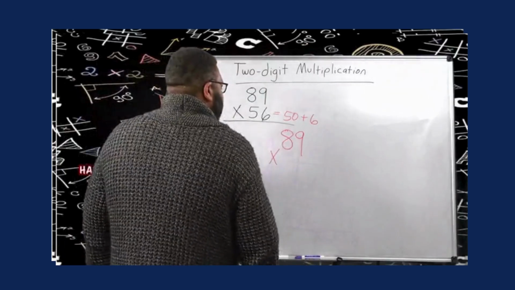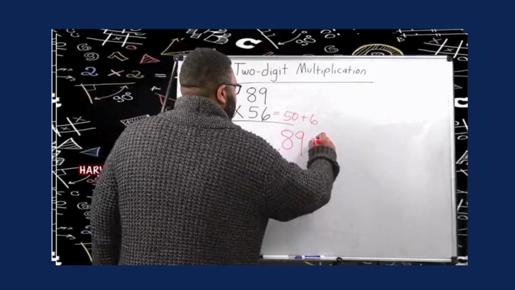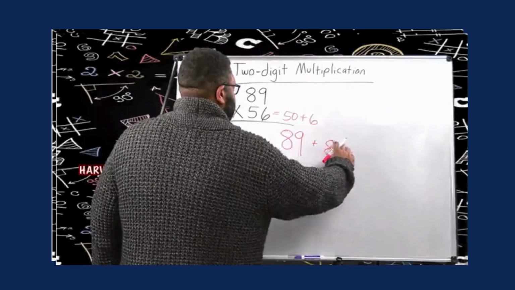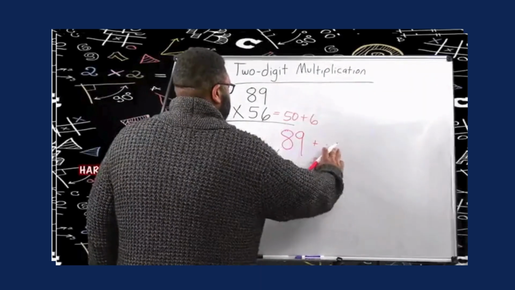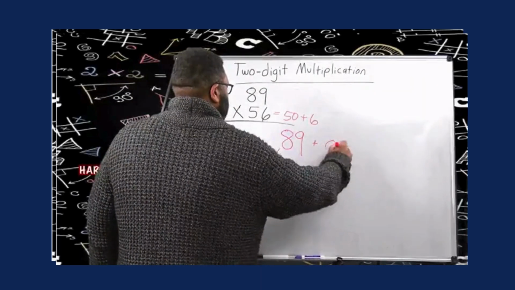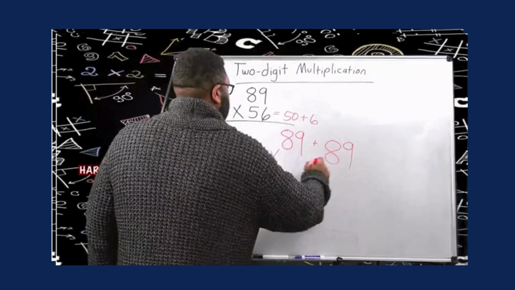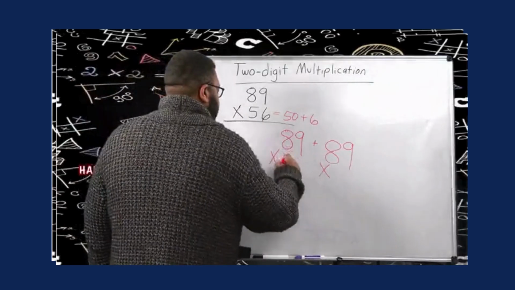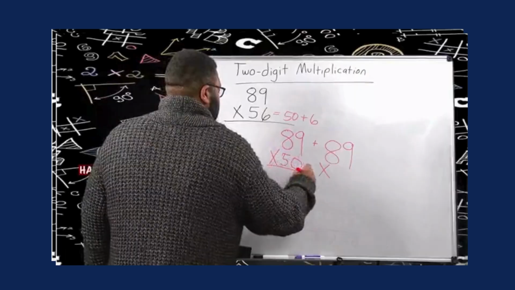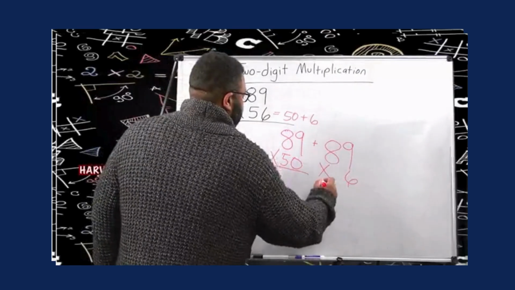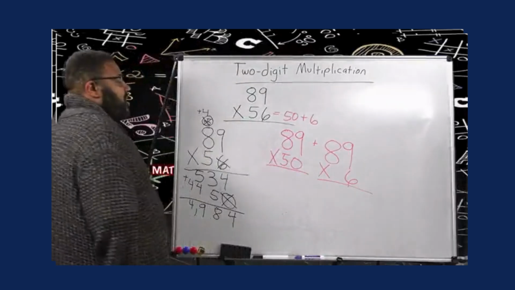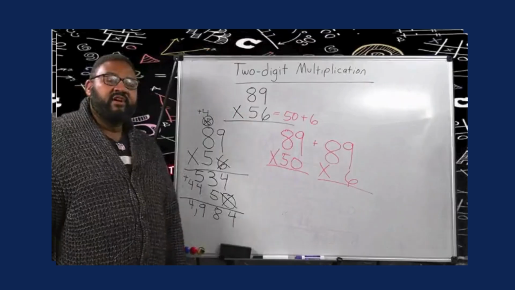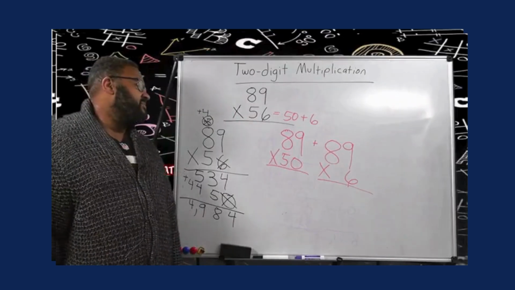That's 89 here plus your 89 here. Here we're going to put 50. And here we're going to put 6. All I did was split my place values up.